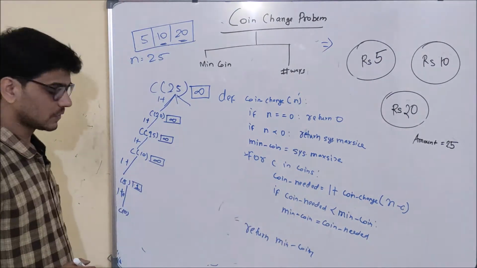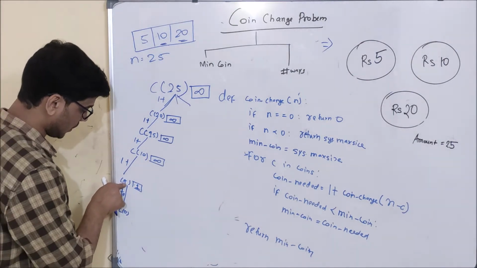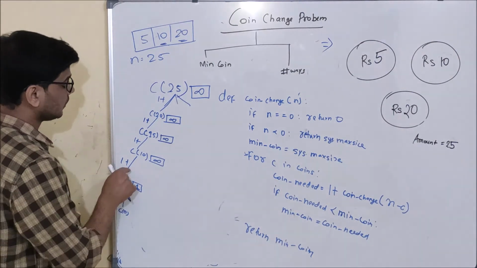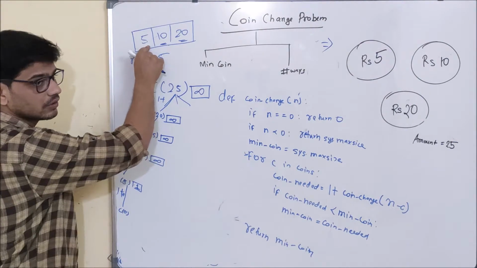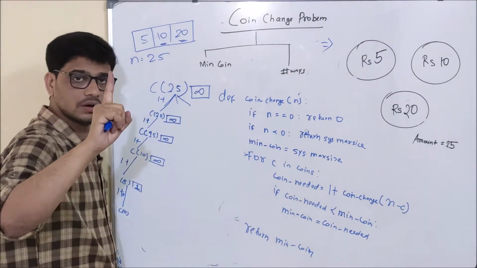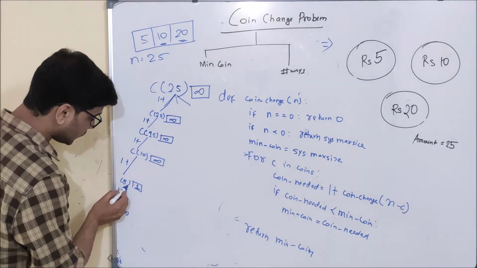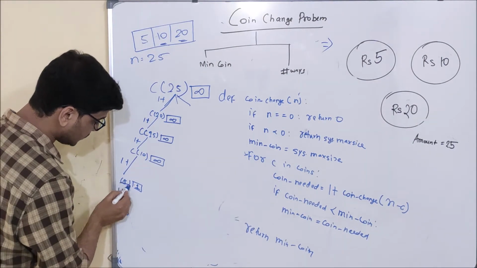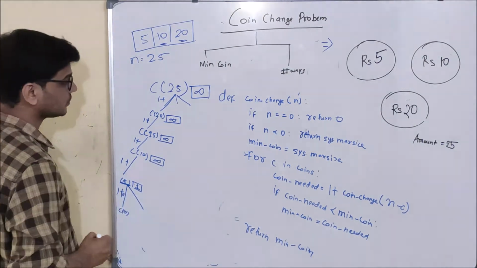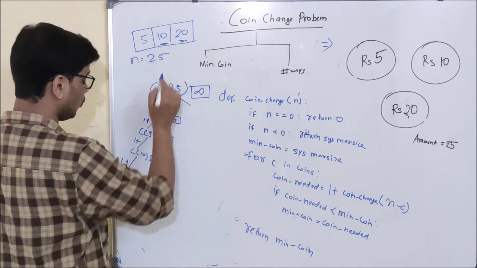Okay. So if I have amount equal to 5 and I have taken this particular option, I will need only 1 coin. Okay. So for C equal to 5, that is this function call, I am going to try the second option, that is the 10 rupee coin.